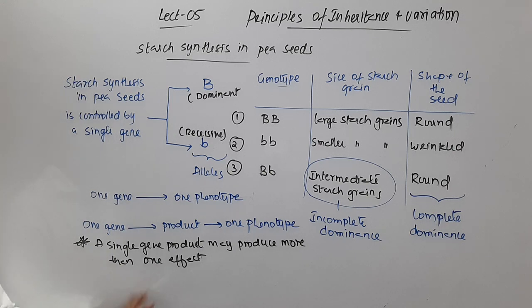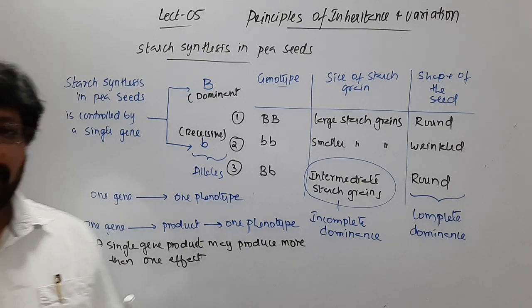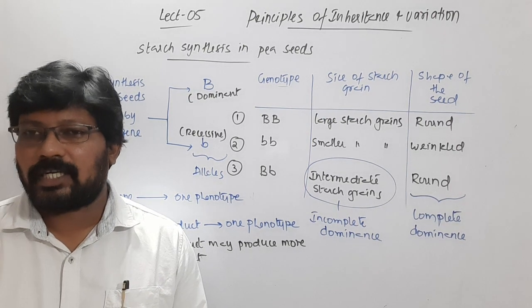So that is what we see in starch synthesis in pea seeds, and this makes it a little difficult to understand what actually is dominance and what is recessive.